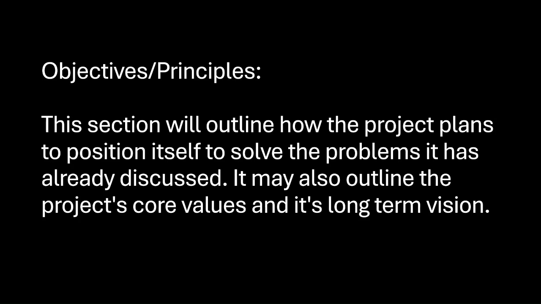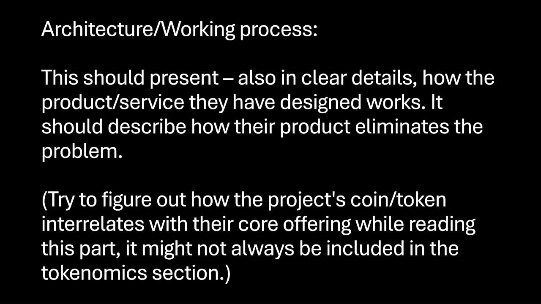All right, moving on. Architecture or working process. This should present, also in clear detail, how the product or service they have designed works. It should describe how their product eliminates the problem.